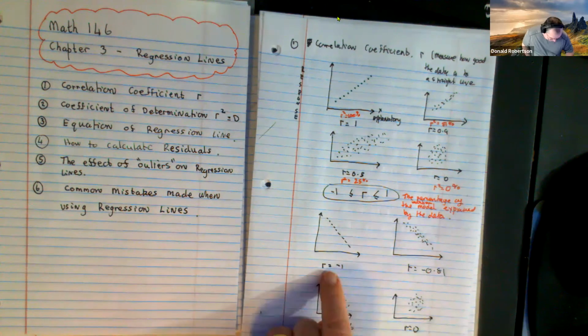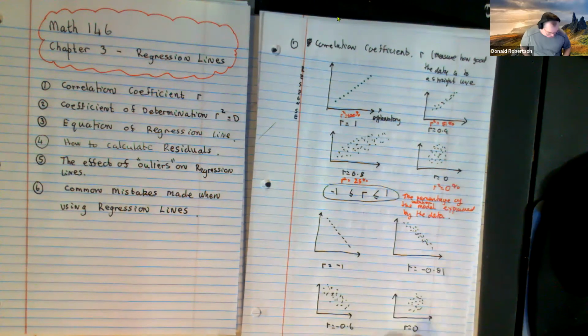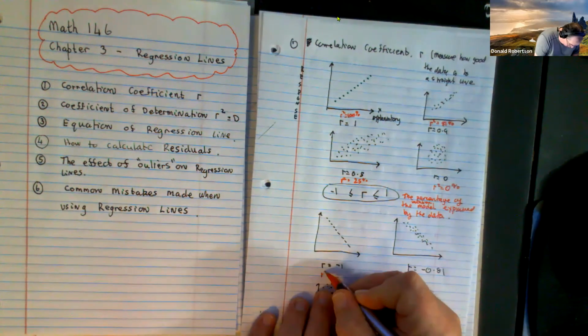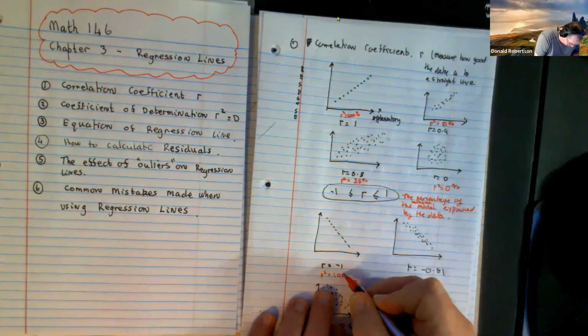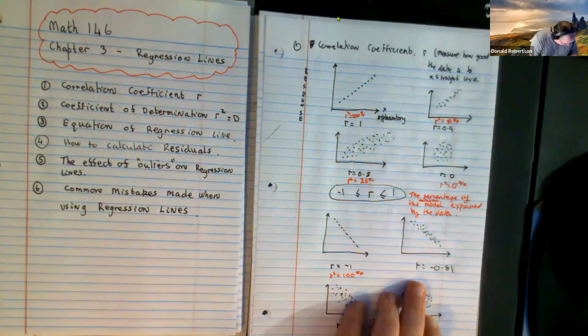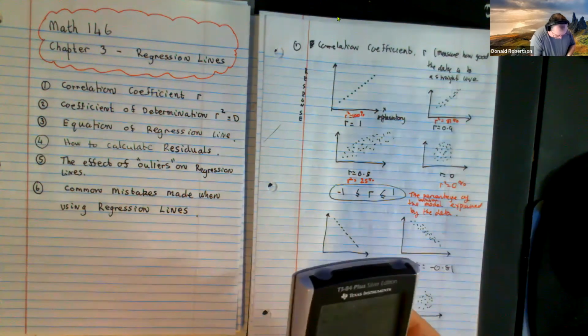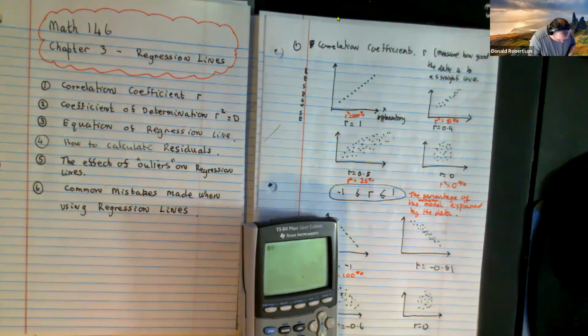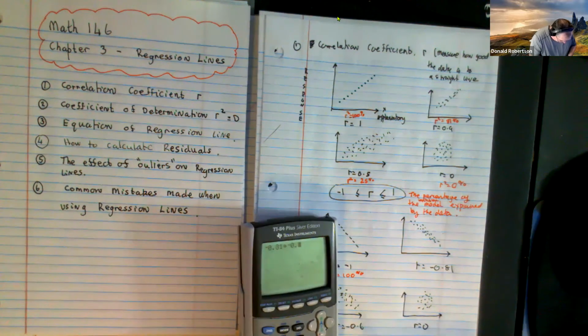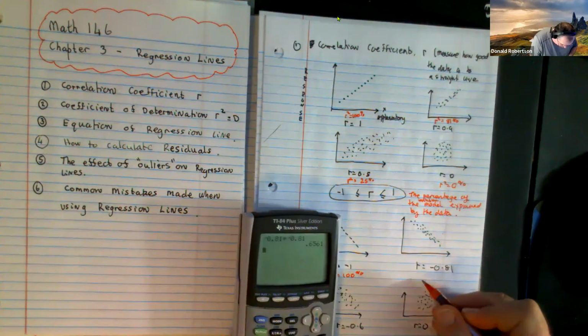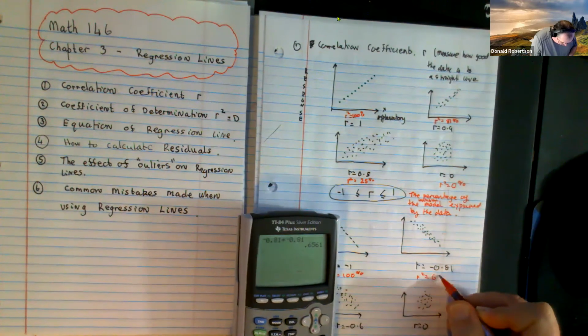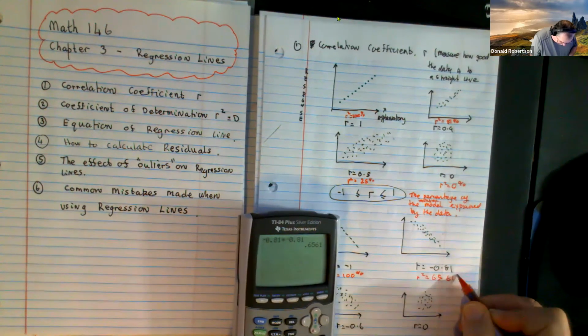Now, when you look at negative R values, the R squared here is still positive 100%. And this one here, well, I need a calculator. If you take negative 0.81 and multiply it by negative 0.81, you get a positive R squared of 65.61%.